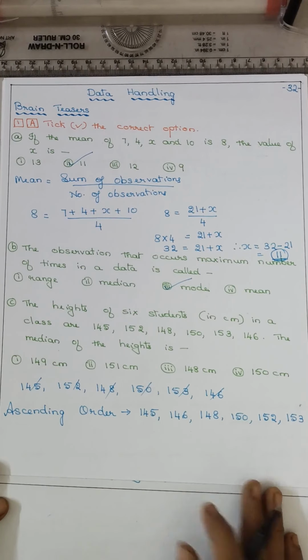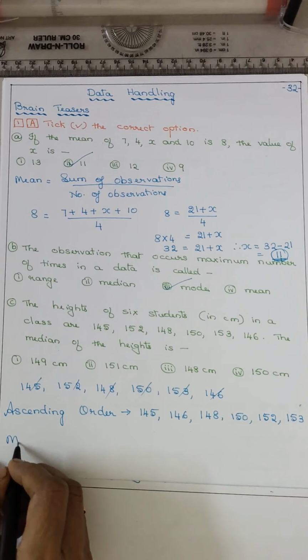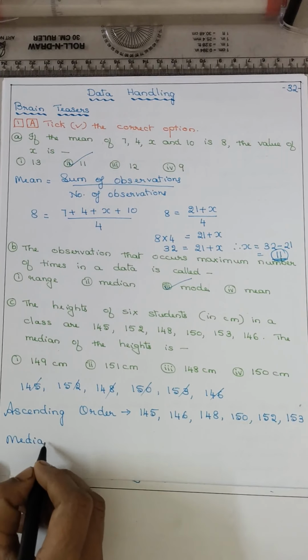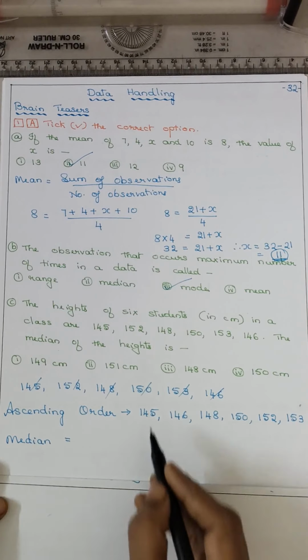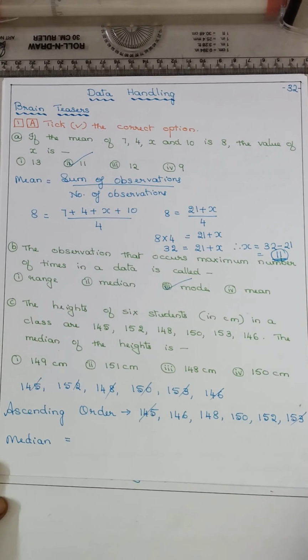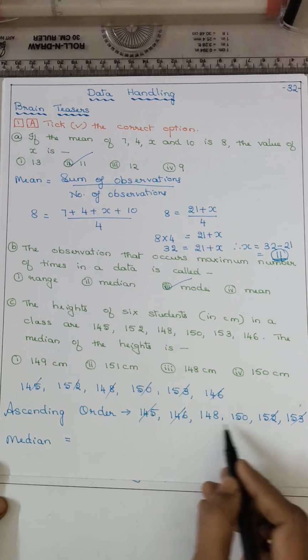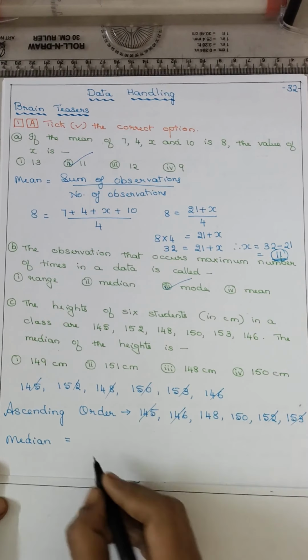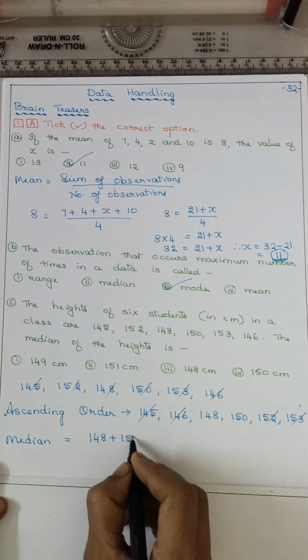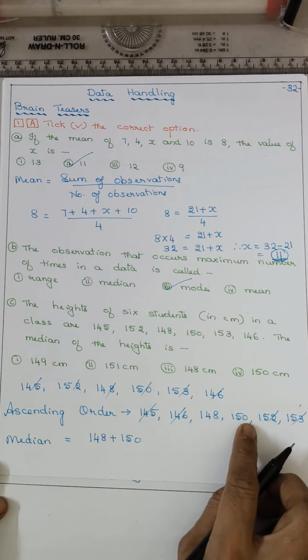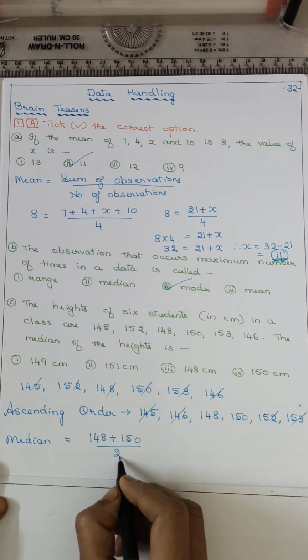Now the median. To find the median, what is the method we have followed? First and the last cancel, first and the last, and now in between two numbers are there. So what we have to do? Add both, 148 plus 150, divide by 2.